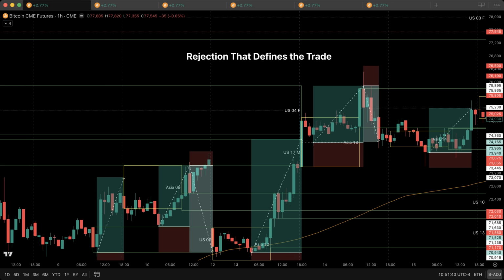Now everything accelerates. Reaction faster. Distance shorter. Failure earlier. You are not trading direction. You are trading the space between entry and failure. And when that space exists, the move holds. Execution conditions remain in transition.